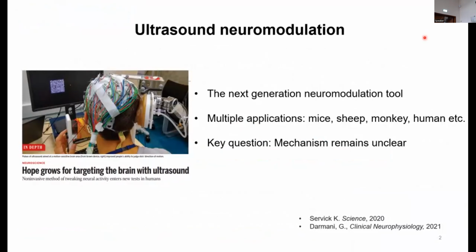I believe most of us here would appreciate the great potential of ultrasound in the application of neuroscience due to the widely observed bio-effect in multiple animal models. But we're also aware of its limited effectiveness, which may be partially due to our incomplete understanding of its molecular mechanism.